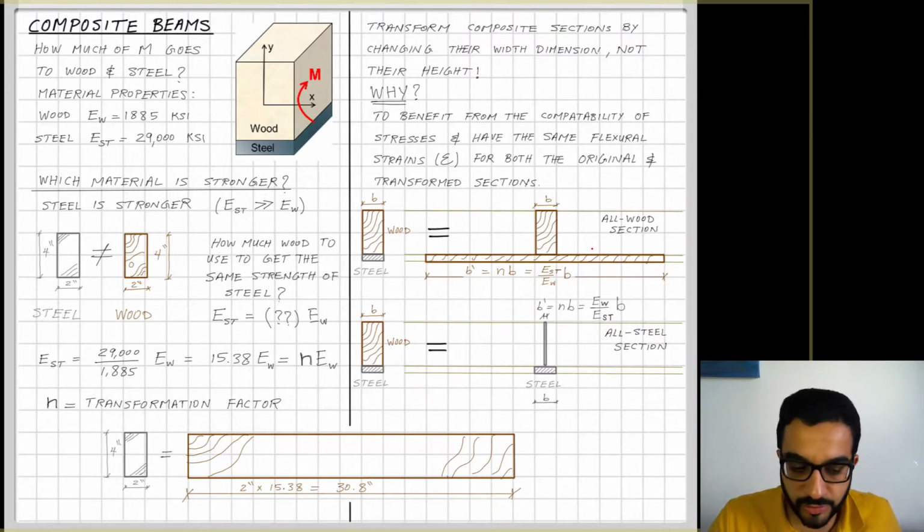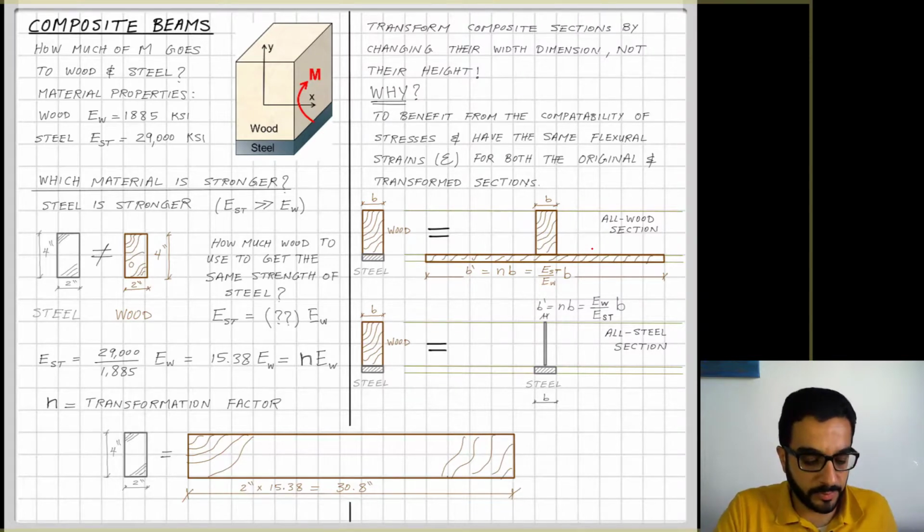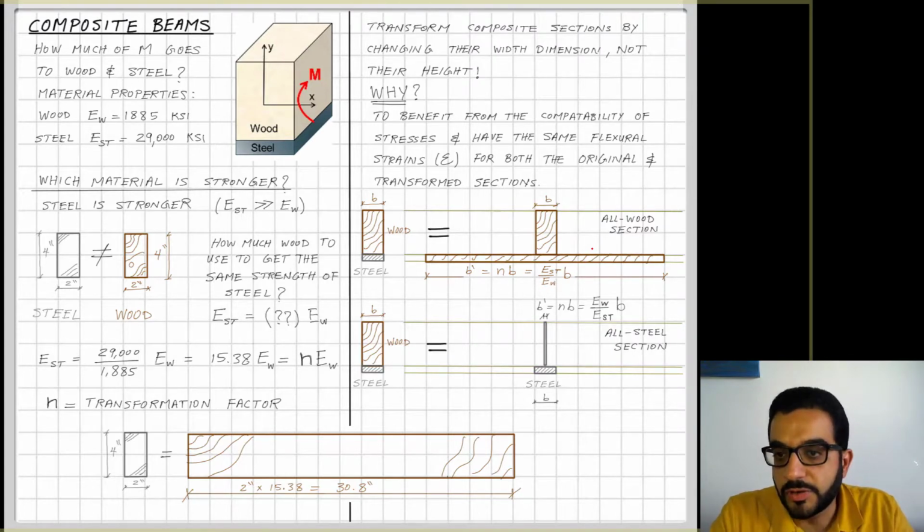So that's conceptually what composite beams or composite bending members are, members under bending. They're all over the place. We see them from skateboards all the way to building materials. And the idea is I'm trying to figure out how to analyze these sections under bending.